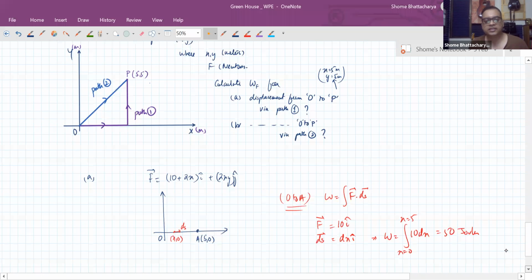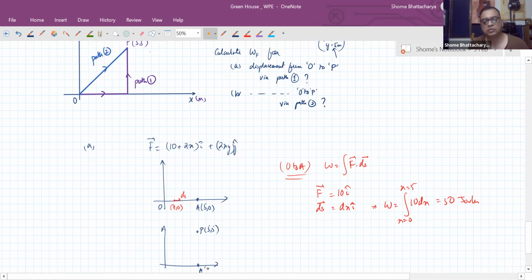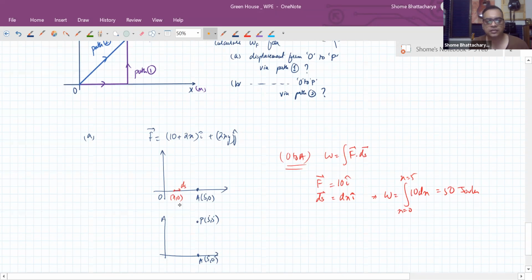Okay, then next up, I'm going from A to the point P. Okay, so I'm moving along the y-axis. So when I'm doing that, I'm going along this vertical line. So at any point on the vertical line, my x coordinate is fixed at 5, my y coordinate is variable, and my displacement is along the y-axis.